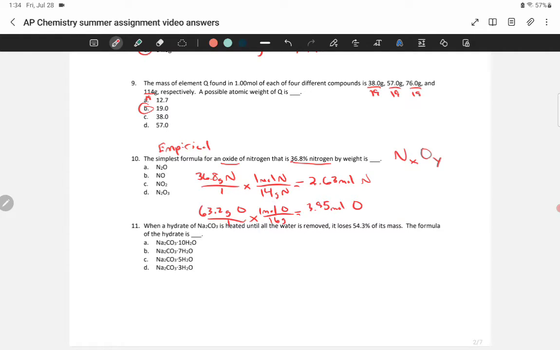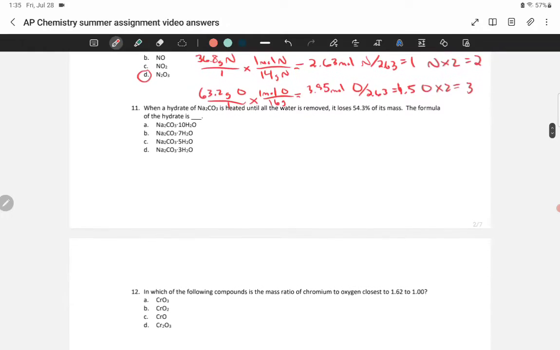Neither of those are whole numbers. So if we divide them both by the smallest, we get 1 nitrogen, and we get 1.5 of oxygen. Those aren't whole numbers, but if we multiply them both by 2, we get 3 and 2. And we do have an answer that has what we're looking for.